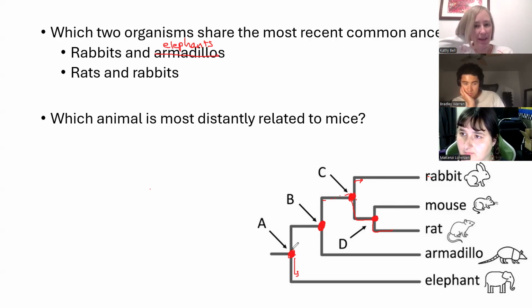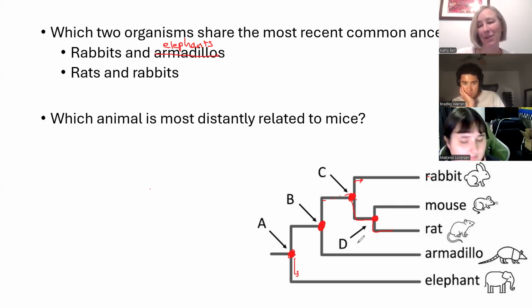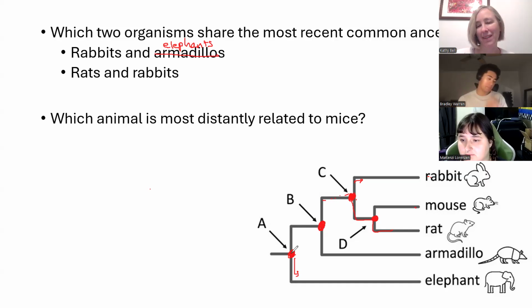Okay. And then which animal is most distantly related to mice? Is that elephant? The elephant, yeah. So if we look at our mouse, there's 1, 2, 3, 4. Did I do that right?